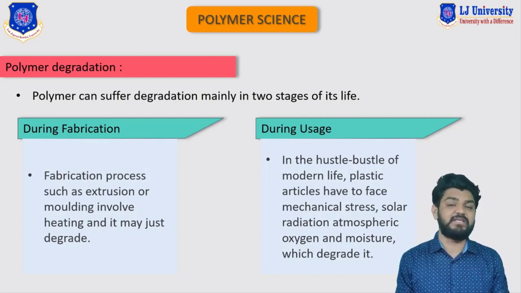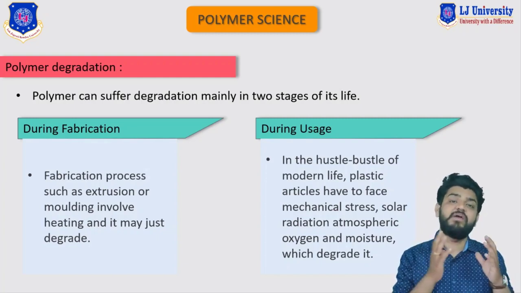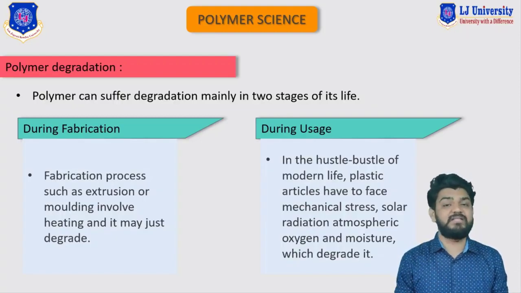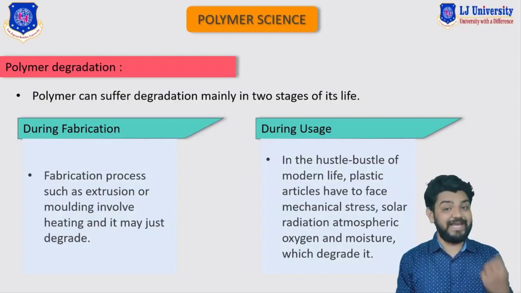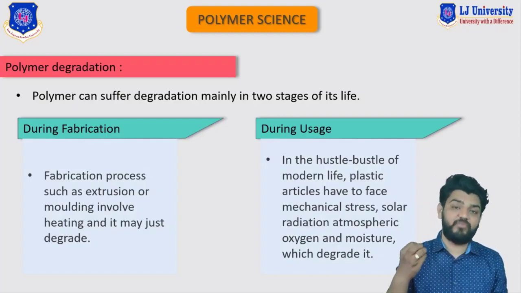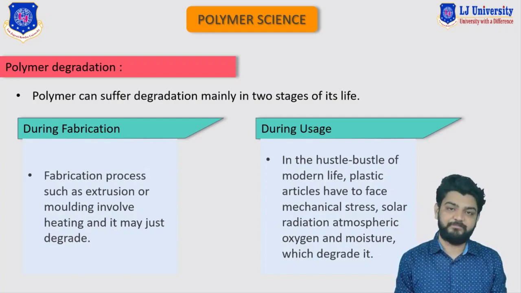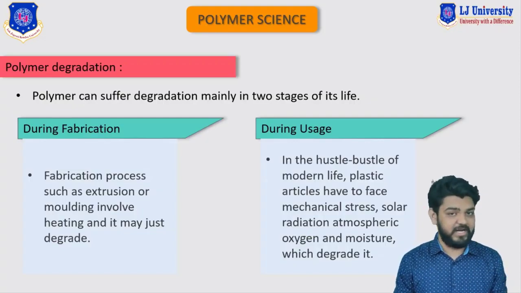So these are the two stages where polymer can easily degrade. At the first stage, it can degrade in the initiation step, or fabrication stage. And in the second part, during daily use, it has to face mechanical stress, oxygen from the atmosphere or solar radiation. During this time, polymer can easily be degraded.